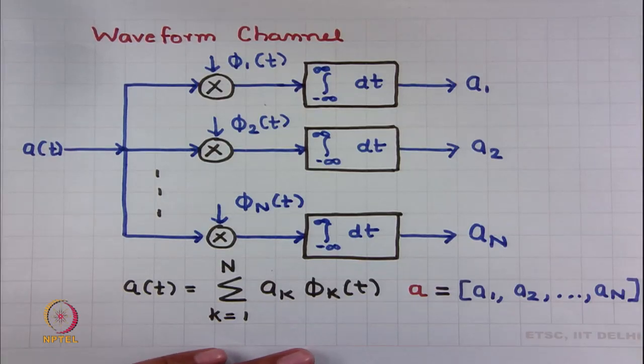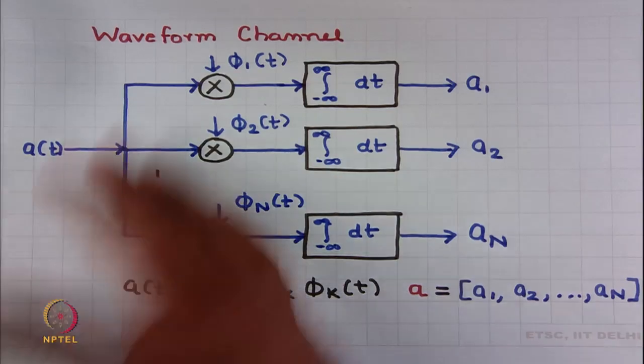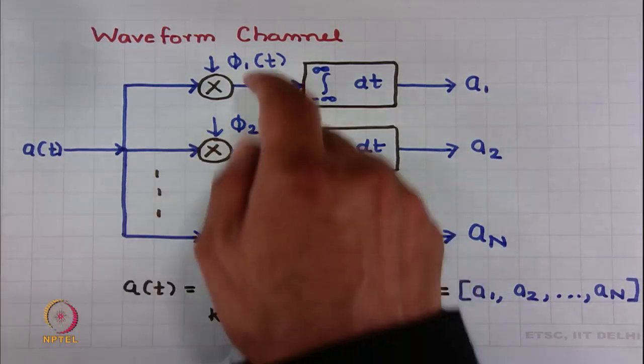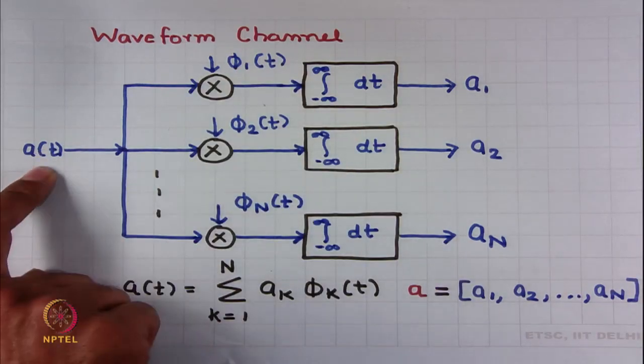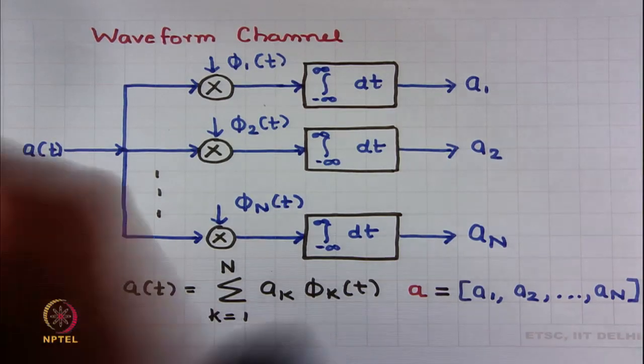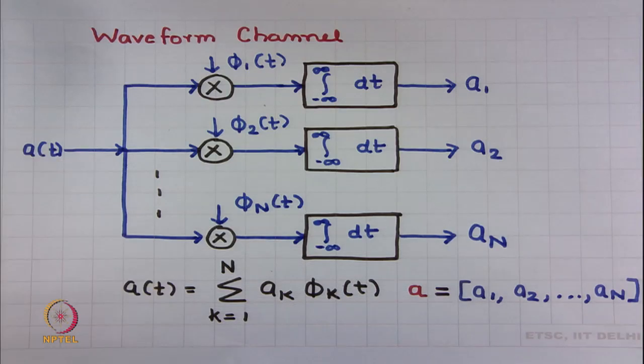When we talked about signal spaces, we showed this picture several times. We have a deterministic signal A(t) built using different orthonormal functions, or it is a weighted sum of different orthonormal functions.